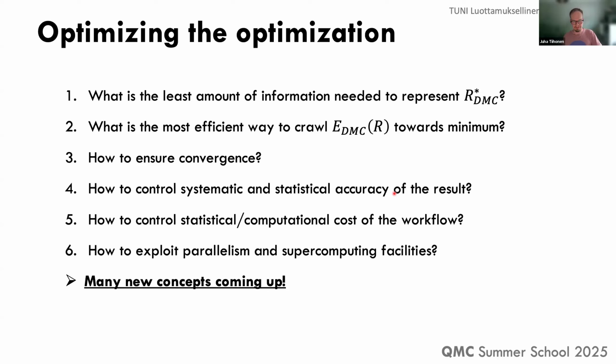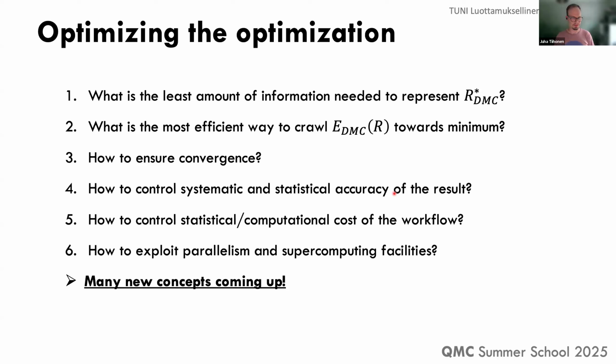And there's a bunch of different issues that we have to tackle, or questions that we may use to get better efficiency. Like what is the least amount of information that we need to represent the equilibrium geometry? Or what is the most efficient way to crawl through the PES towards the minimum?